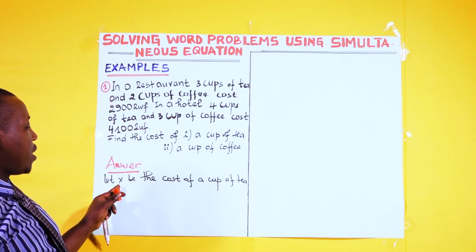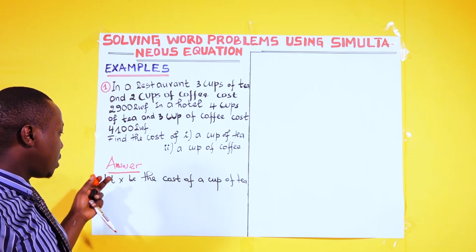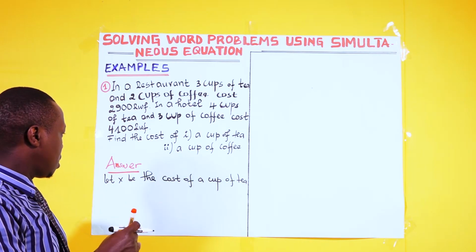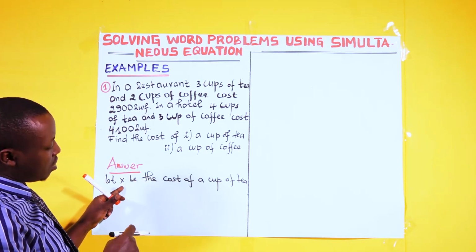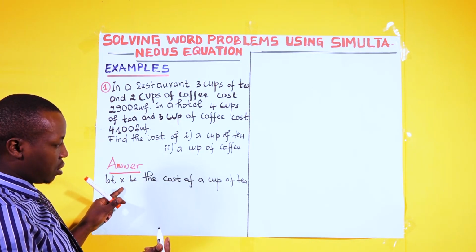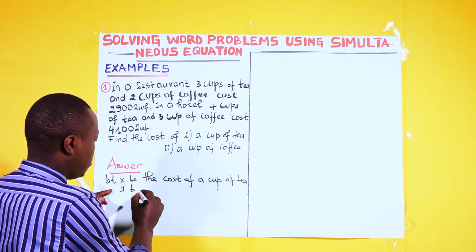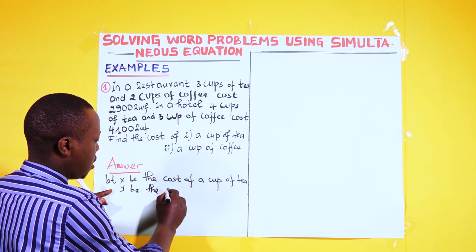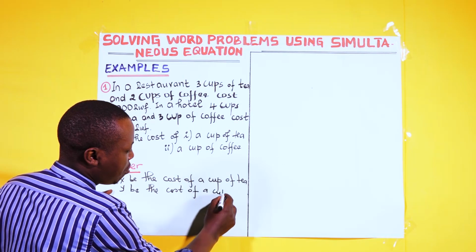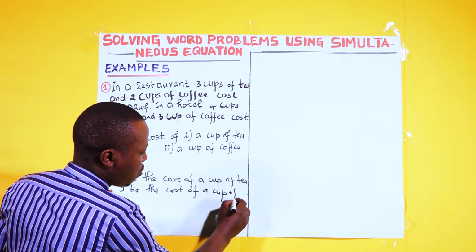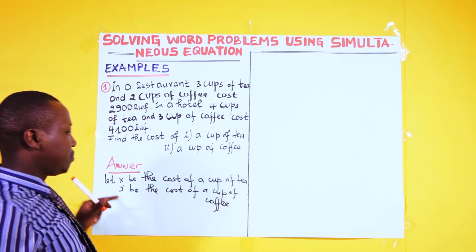You choose any variable. It can be X, can be Y, it can be M or N, any variable, right? And then, suppose that X is the cost of a cup of tea, let us also use Y to be the cost of a cup of coffee, isn't it?